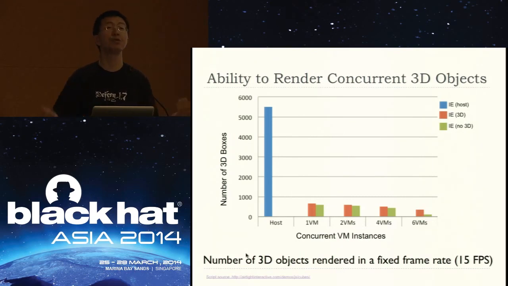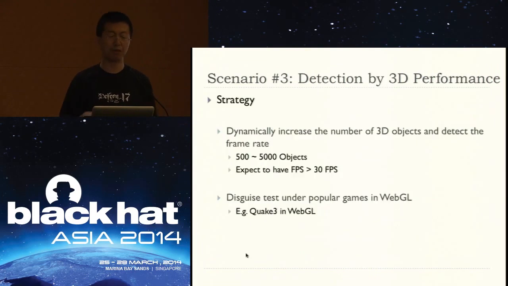Now, how to use this information? We have all these numbers, but how do we use them? So we came up with this strategy. Basically, we're going to write a script that dynamically, probably exponentially, increases the number of 3D objects we want to render. And we want to check how the other side responds in terms of frame rate.